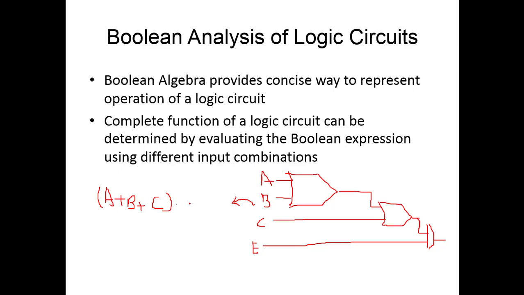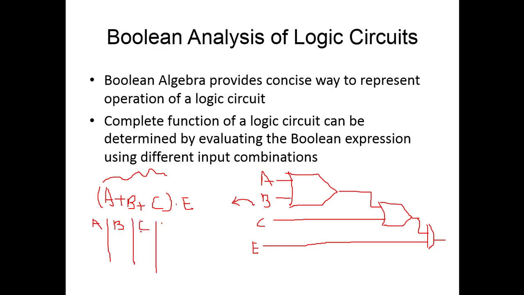You can verify this expression for all possible input combinations. So here you have 4 variables, so total number of combinations in the truth table is 2 raised to power 4, which is equal to 16. So you have a column for A, B, C and E. You have 4 variables, and total number of rows in the truth table is equal to 16.